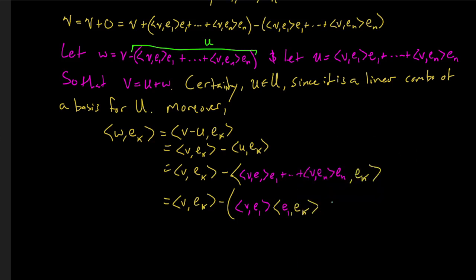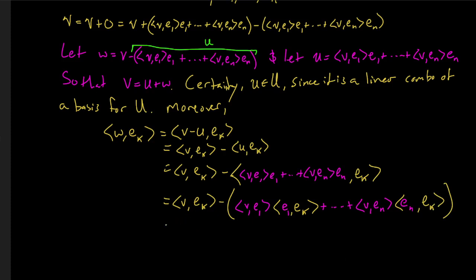Everyone see it? Plus dot, dot, dot, all the way down through the end with a V, EN inner product. And then there's going to be an EN, and then everything else will be in yellow here. Everyone follow along with how I'm breaking down this sum, splitting it up across the inner product by pulling out scalars and using the additivity of the inner product.